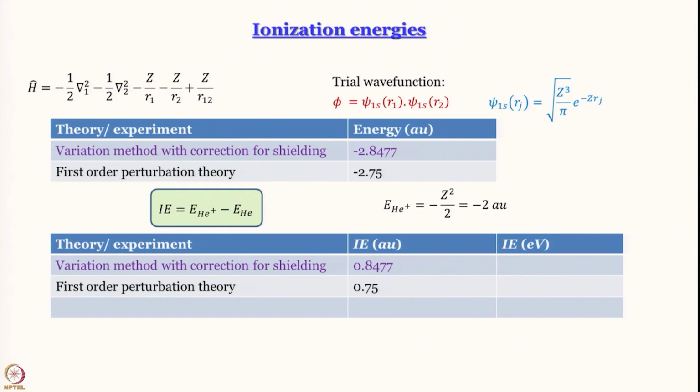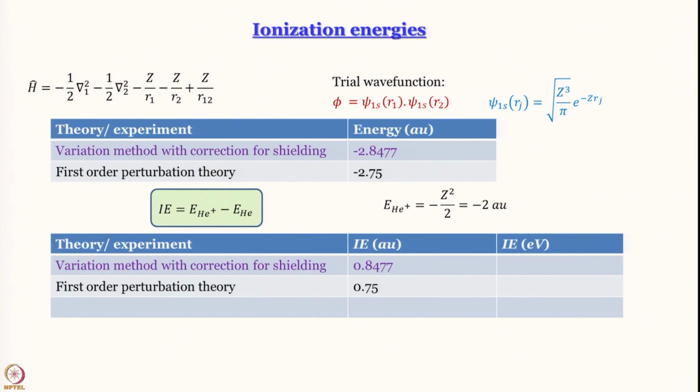Remember, electron volt is a larger number, is it not? 1 atomic unit is 27.2 electron volt. So, if I translate that, we see it better, that is all. You might not think that 0.84, 0.75 make much difference, in our minds we think it is a little less than 1, what is the difference? Of course, if I told you 7500 and 8477, you would have seen the difference. But let us see the difference in electron volt.